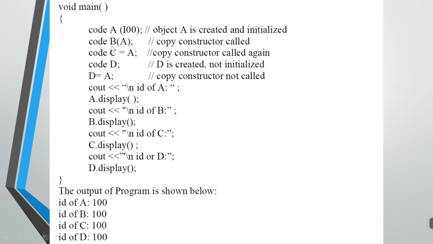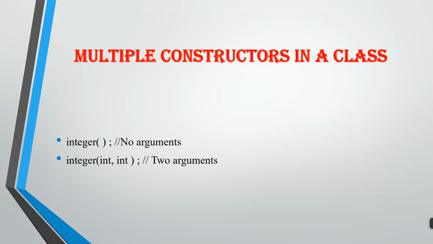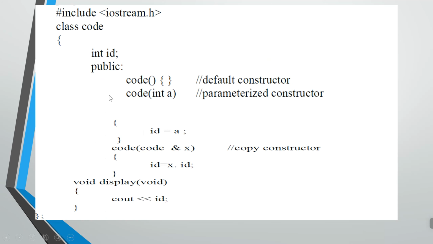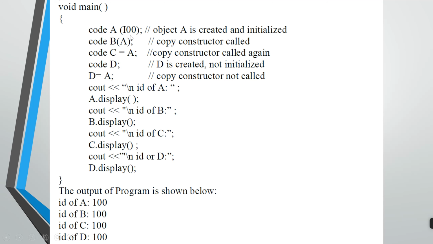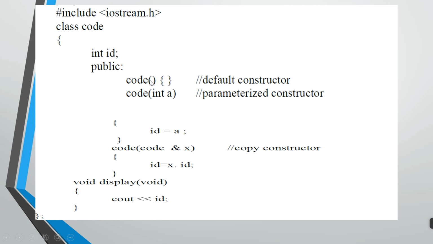Now what is code B? B is an object which passes an object as a parameter. That means the copy constructor will work here. See the difference. Here I am supplying an integer value, so the parameterized constructor will work.